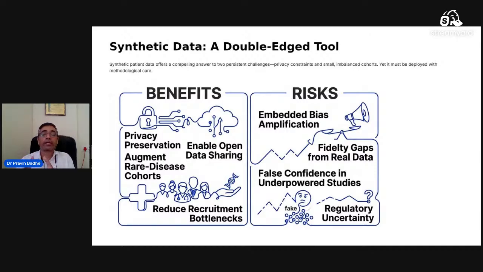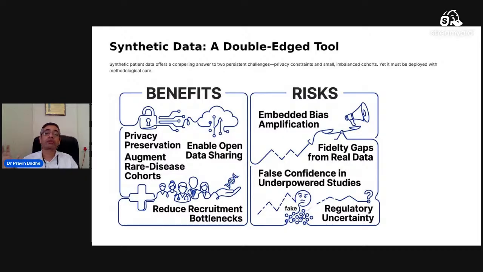But the risks are that it embeds biases. There are chances of increasing the biases. Then the real gap in the data cannot be understood. False confidence claims can be made due to underpowered studies. And the major issue with the risk is regulatory uncertainty.